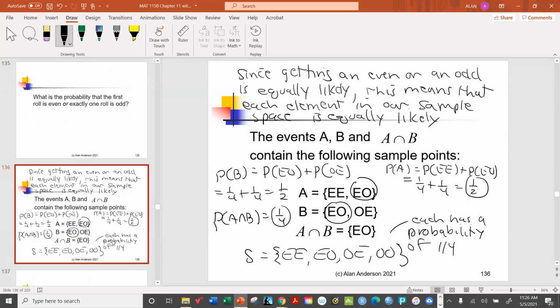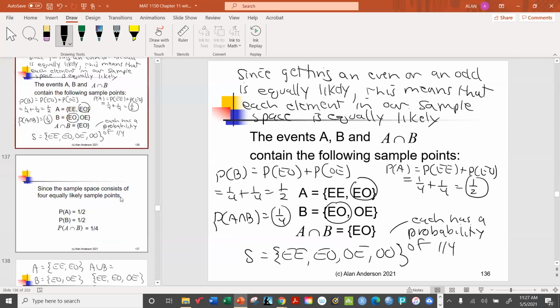So we come back down here. And again, remember how easy it was to calculate these probabilities. A has a probability of a half, B has a probability of a half, and A intersect B has a probability of a quarter. I've summarized these under the next slide. But you can see why, because they're equally likely. Each element, EE, EO, for example, has a probability of a quarter.